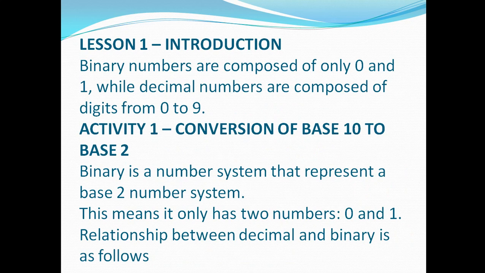So introduction. This is going to be the first lesson, and we're going to be introducing the binary number system. Binary numbers are composed of only 2 kinds of digits, the 0 and the 1, while decimal numbers, on the other hand, are composed of digits from 0 to 9 in various combinations.